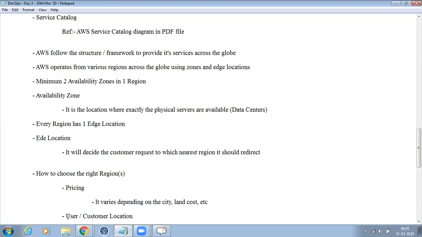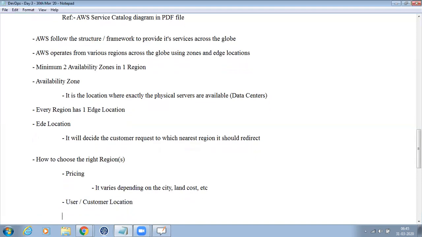We need to see the network bandwidth. This all matters. That is the next point I want to add here. Next one is latency. Latency is also one of the other factors. Not only pricing, I have to see where most of my customers are located, and we have to see the latency. Latency is nothing but the delay in trying to connect or getting the respective service.